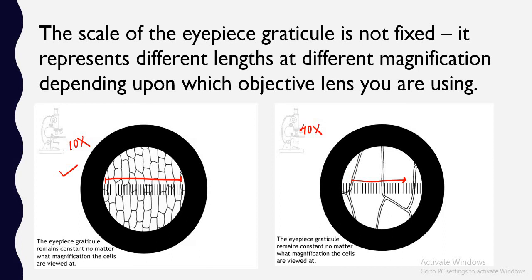I hope I am clear with this note. You need to make a note of it. Students make most mistakes here. They change the magnification and then keep the same calibration, which will lead to wrong measurements. So please pause this video and make a note, and there you go.